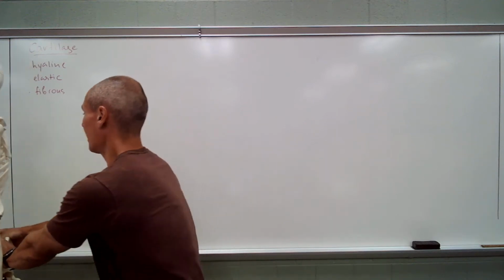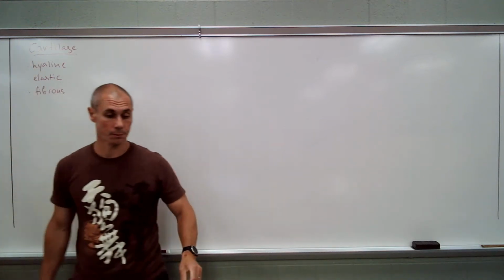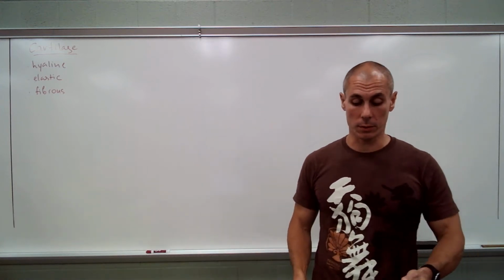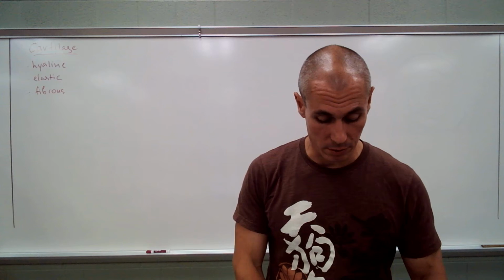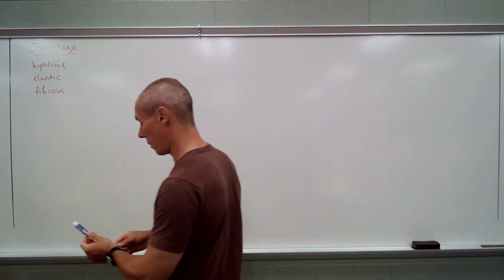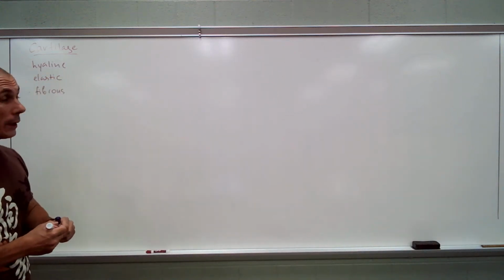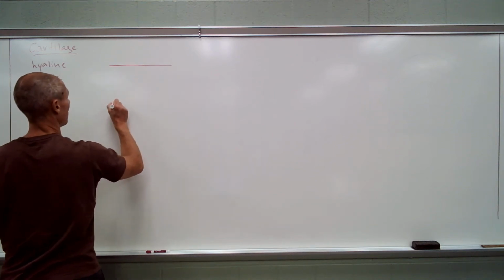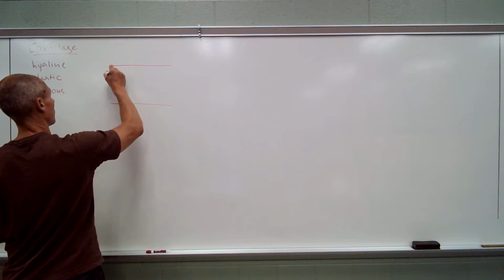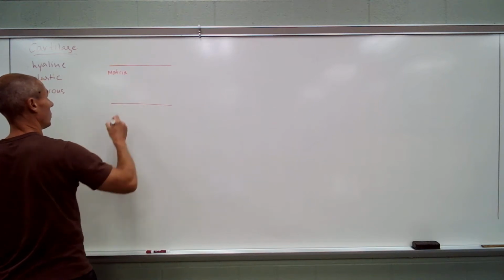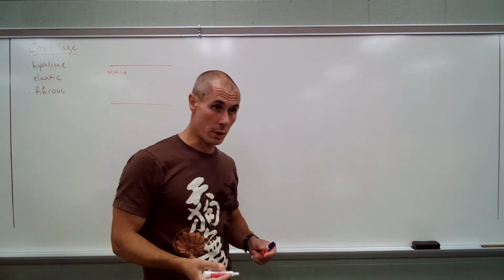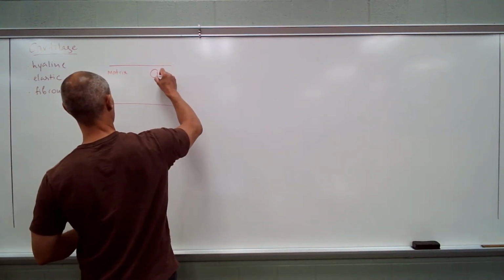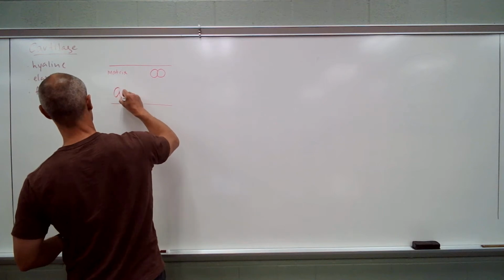Now, in regards to cartilage, we didn't have a chance before to talk about its structure. We have a chance to talk about its structure now. So structurally, you have a matrix in the center. Okay? Within the matrix, you have empty spaces of sorts. Usually they are paired.